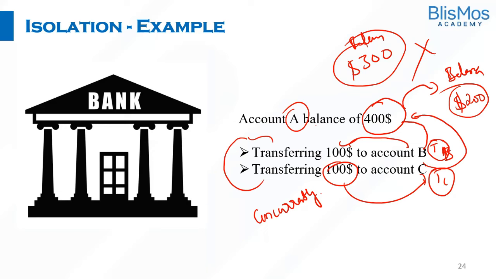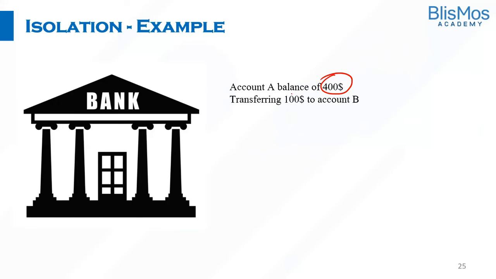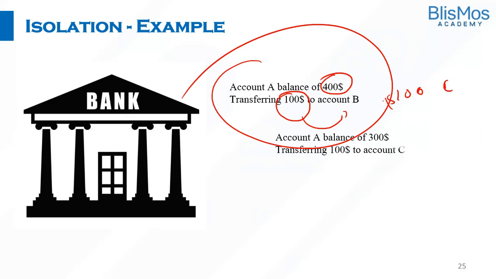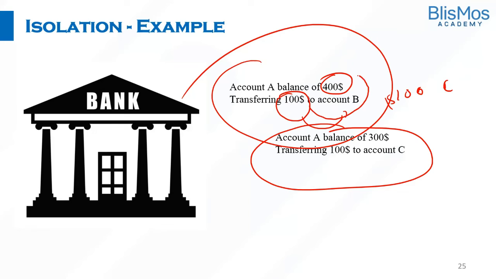So extending this example, let us say account A balance is $400. Then account A initiates a transfer of $100 to account B and $100 to account C. So we have to isolate this transaction from the transaction of transferring the amount to account C. That way, this transaction reads the balance of account A as $400.